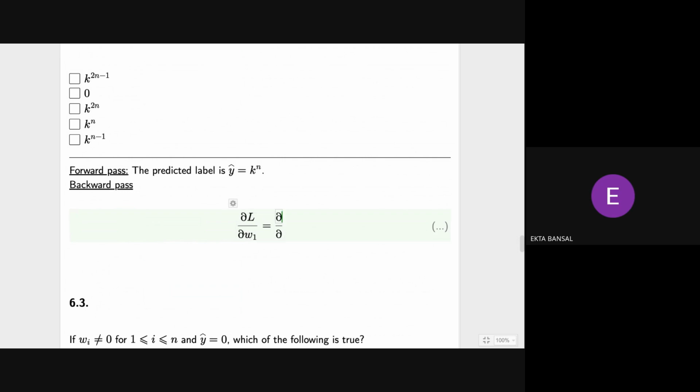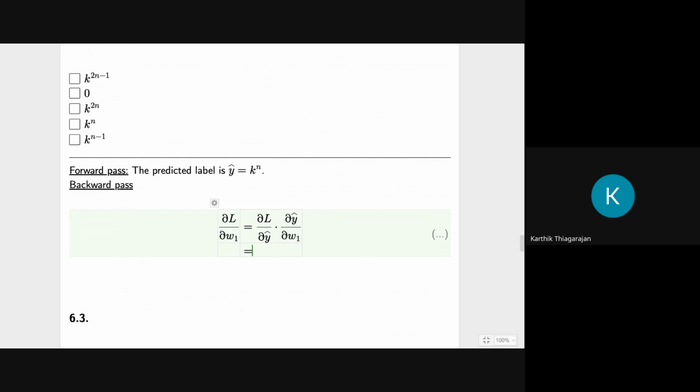But I can first compute dou L by dou y hat, and multiply this with dou y hat by dou W1. So that's the first step.